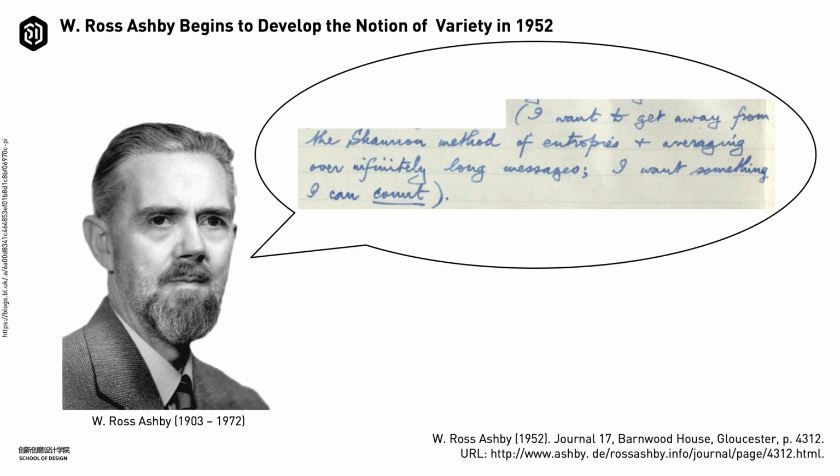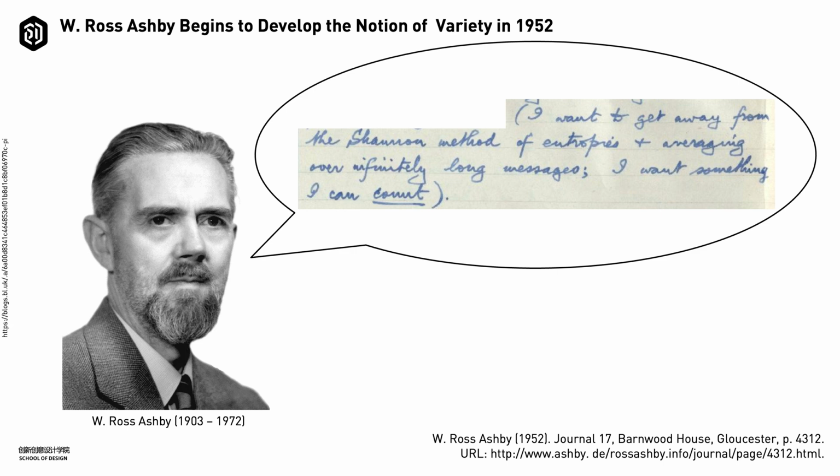And Ashby, I think since he was a high school student until his death, he wrote a journal. And the full journal is digitized and it's online. And there is this one moment that I have copied here. It says, I want to get away from the Shannon method of entropies. He's referring to Shannon's information theory that he developed to tackle cryptanalytical code-breaking problems.